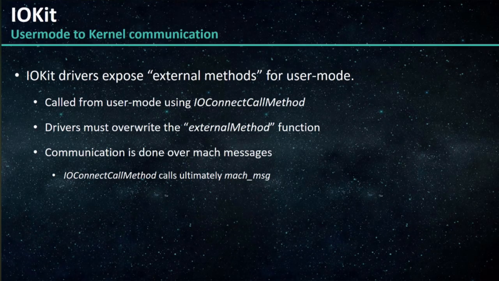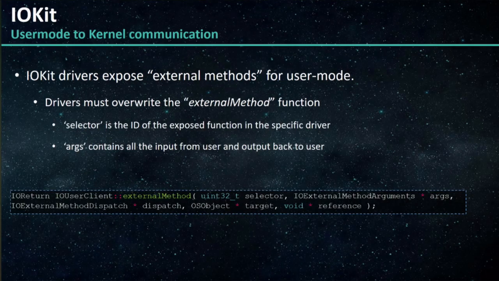So like I said, the drivers must overwrite the external method, and because everything is based on MIG, everything is based on messages, because MIG is just messages. So again, IOConnect call method ultimately calls mach message. We'll see the flow soon. So that's the signature of the external method functions that drivers have to overwrite. What the user gives is an index. That's the selector, just an index to a command, let's call it this way.